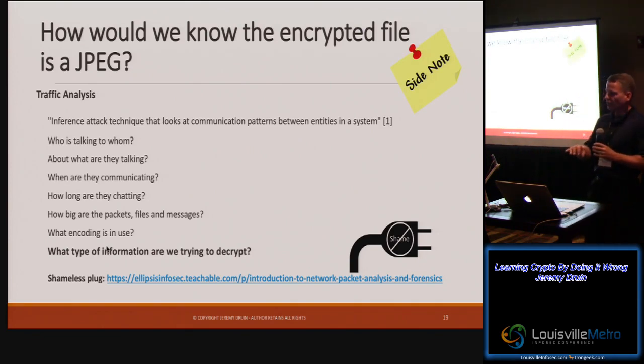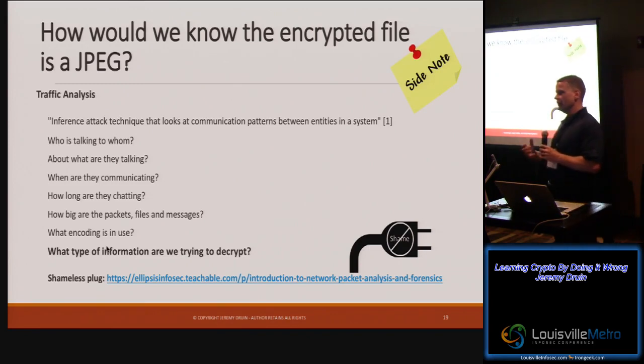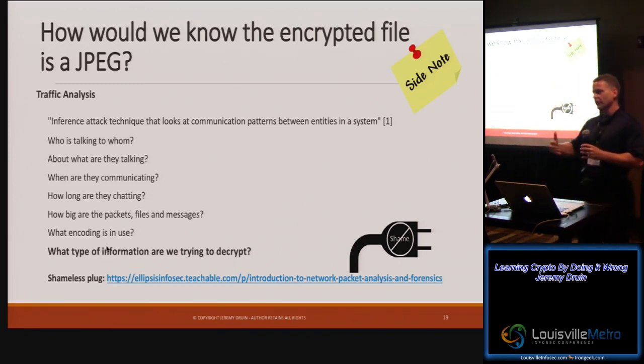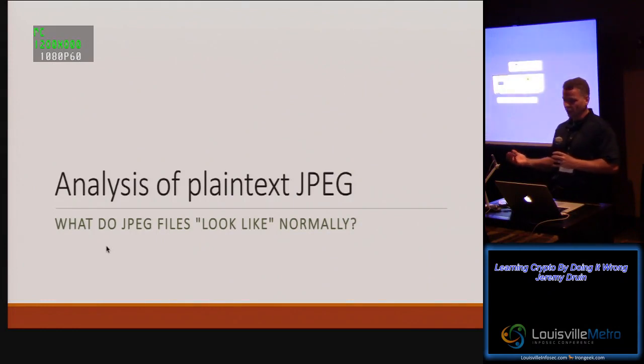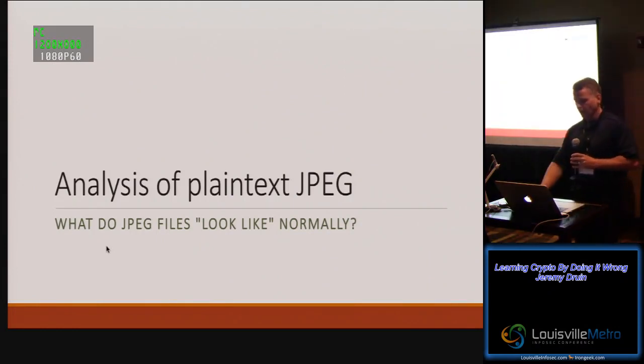And certainly, this has a lot in common with folks that work in security operations, very interested in, even if they can't understand what's going on, as far as, is this command and control beaconing back, just the fact that something's happening exactly every 60 seconds to an IP that's halfway around the world, that in and of itself is information that's useful. And it's that kind of analysis is how we would figure out that this was a JPEG or whatever the actual file format was.